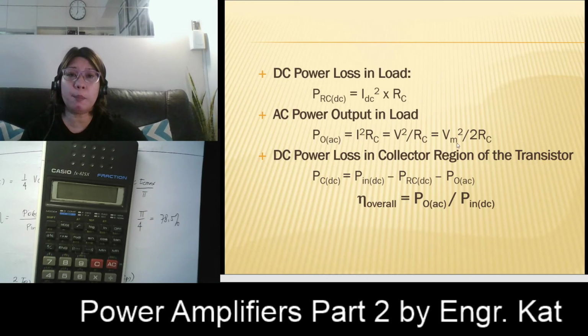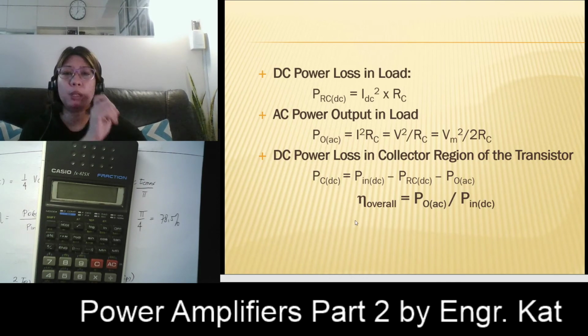But if we are using peak values or maximum values, this is equivalent to VM squared all over 2RC. The DC power loss in the collector region of the transistor is given by PCDC, which is just the difference between the input DC power P in DC and PRDC and POAC. Whatever is left here will be your DC power that is lost in the collector region of the transistor. That is the power dissipated by your transistor.